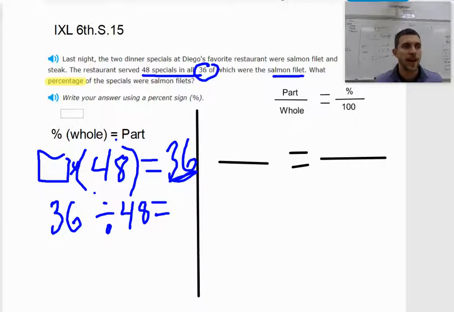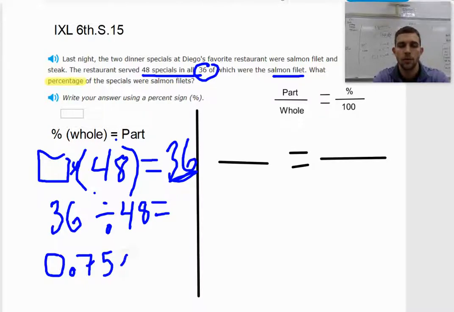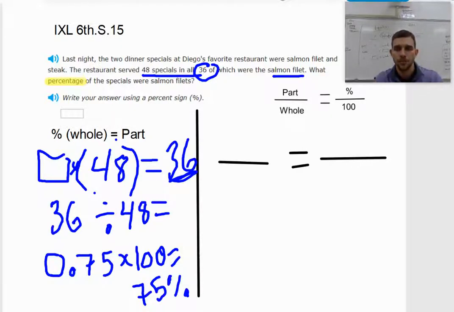So if I divide those, I'm going to end up with a decimal answer. And you can use a calculator, but you should end up with 0.75. And then if we multiply that times 100, because it's percent, we end up with 75%. And that's what our answer is.